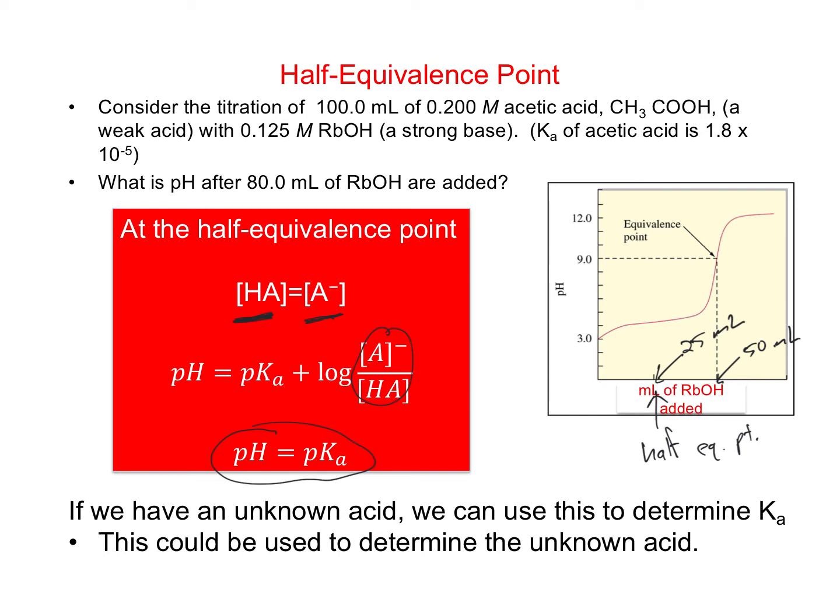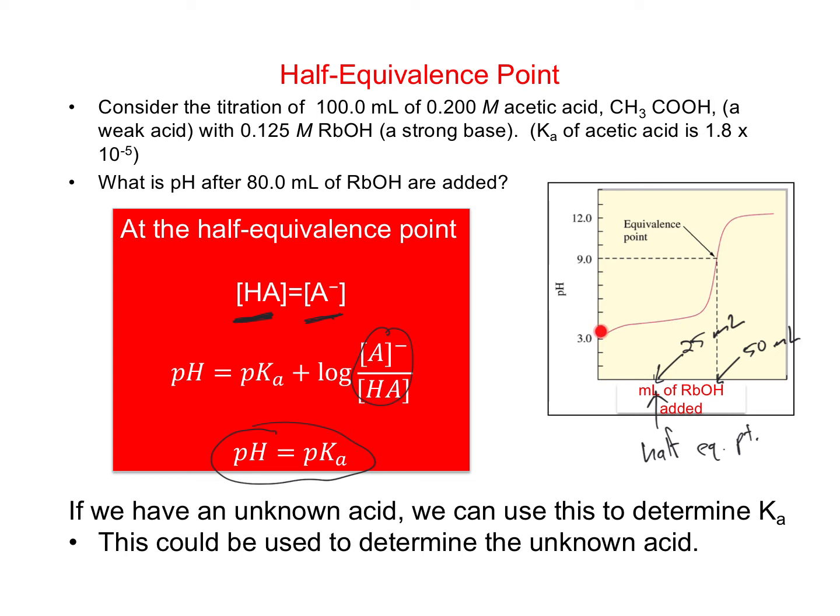This is true for any titration of a weak acid with any strong base. And so if we have an unknown acid, this can be very useful because this can allow us to determine the Ka. We can just do the titration, right? Find the equivalence point, then locate the half-equivalence point, read the pH at that point on the titration curve.